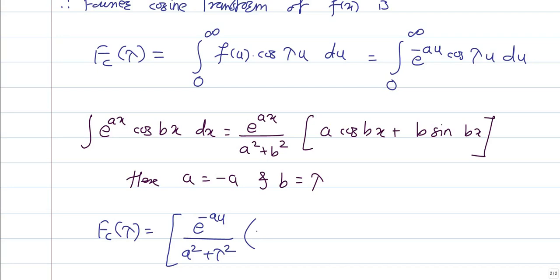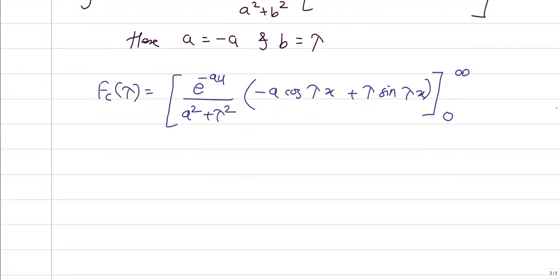So our a is nothing but minus a, that means minus a cos of lambda u plus lambda sine of lambda u within limits 0 to infinity.